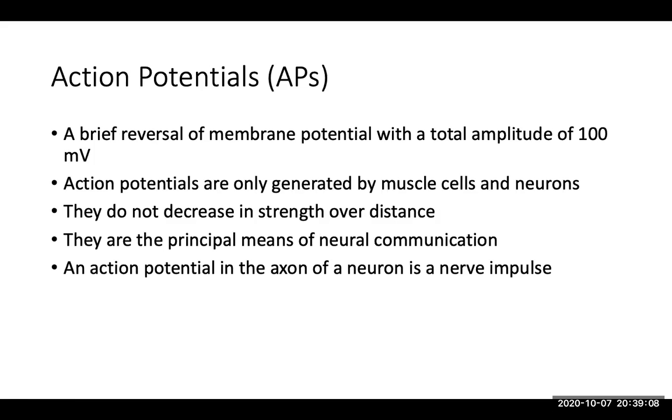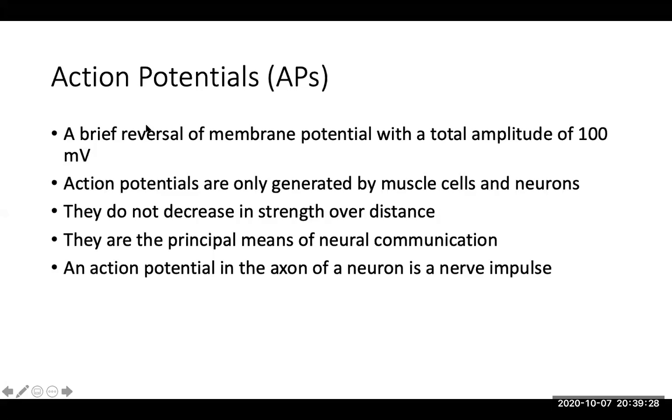Action potentials, and you'll go over this a lot in physiology, but we're going to briefly introduce it here in anatomy. An action potential is a brief reversal of membrane potential with a total amplitude of 100 millivolts. Action potentials are only generated by muscle cells and neurons.